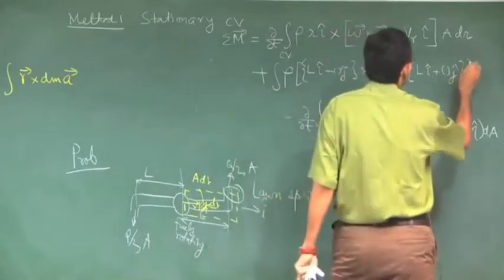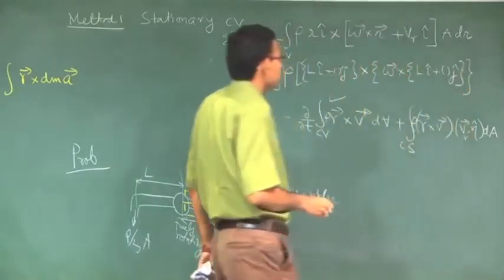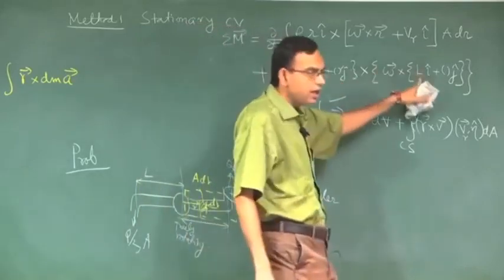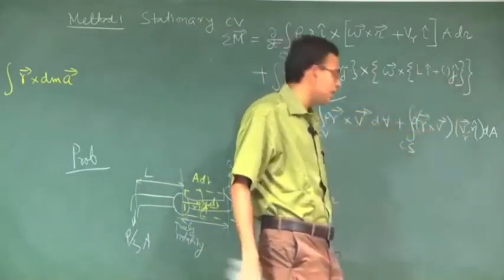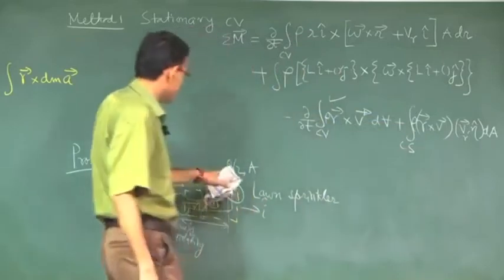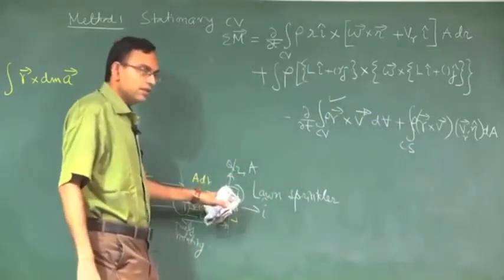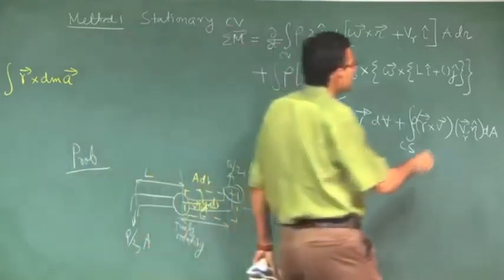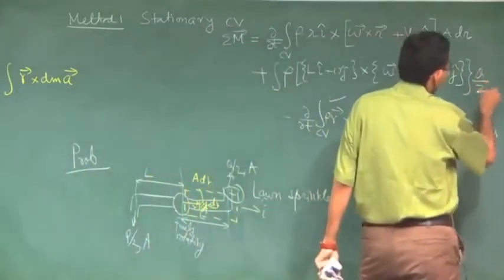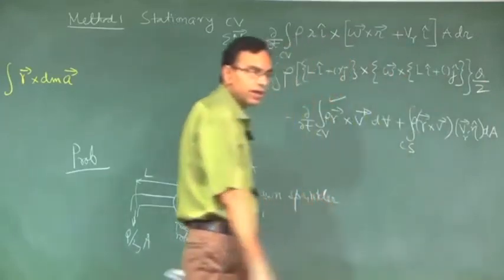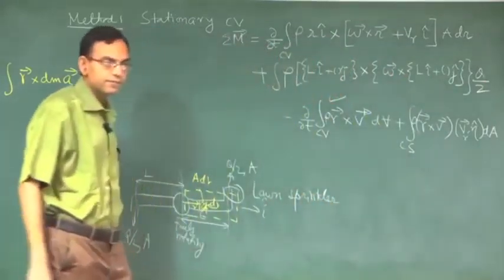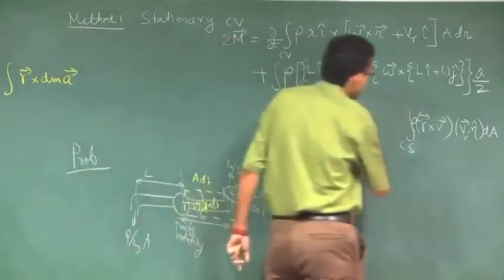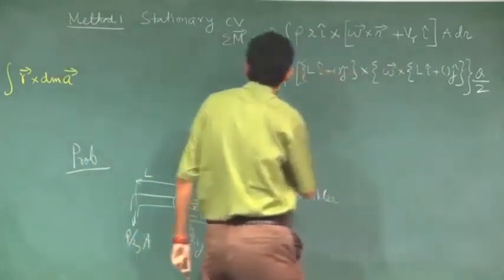So we have written r cross V, then Vr dot eta dA. So what is this? It is simply the Q by 2, the relative volume flow rate. Q is the volume flow rate, right. So now let us write all the terms.